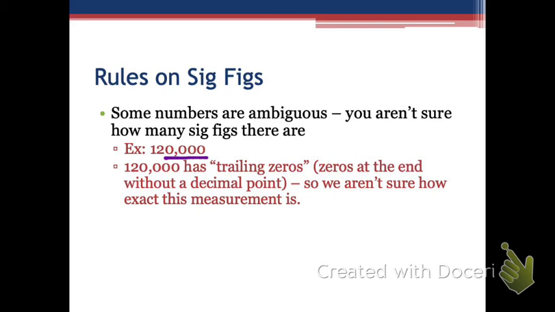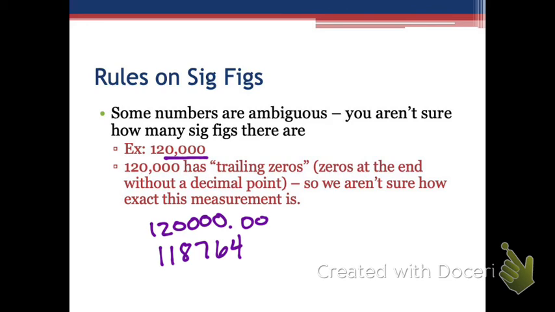We don't know was this measurement supposed to be 120,000.00? Or was this measurement 118,764 and it got rounded up? We have no idea the level of precision of our measurement here because we don't have a decimal place. And it's just been rounded like crazy, right?